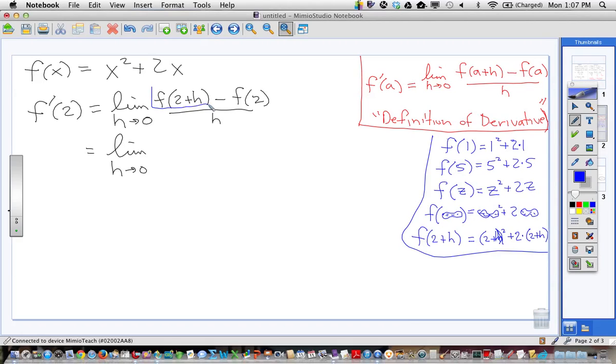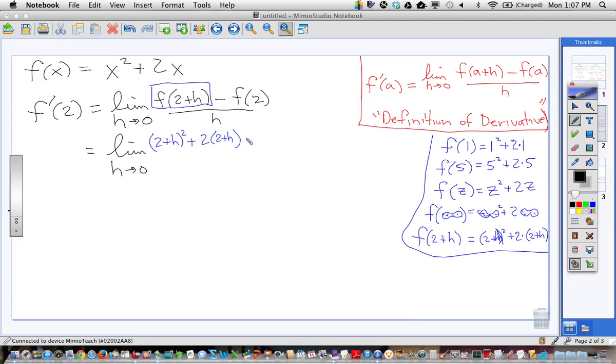I need f of 2 plus h. What's that mean? It means plug 2 plus h in for x. So we put 2 plus h squared plus 2 times 2 plus h. So that blue thing is that right there.